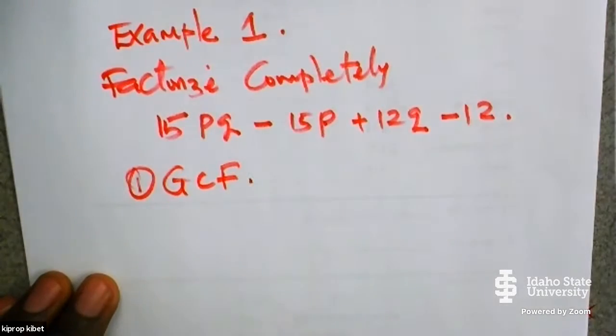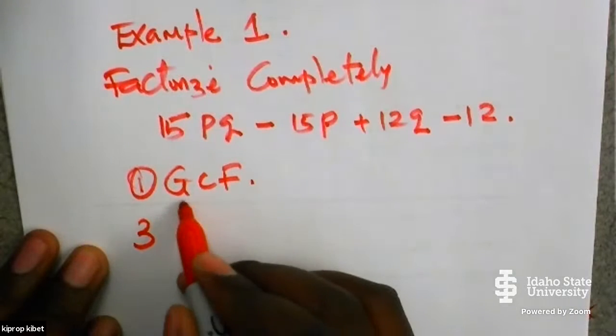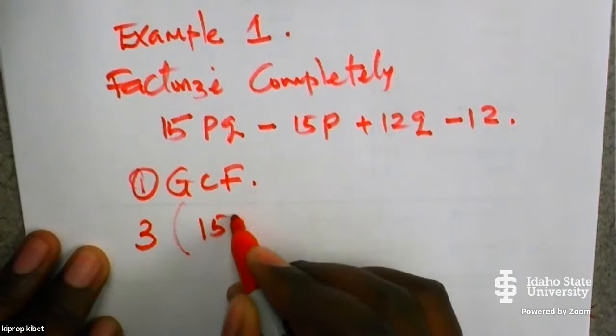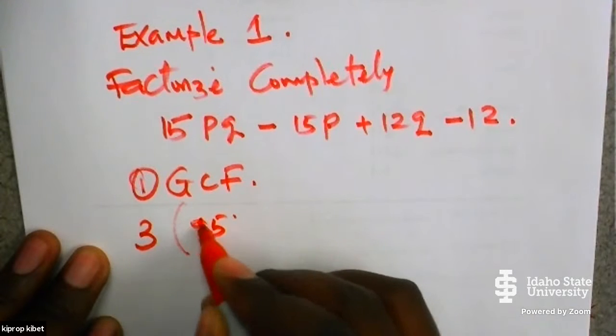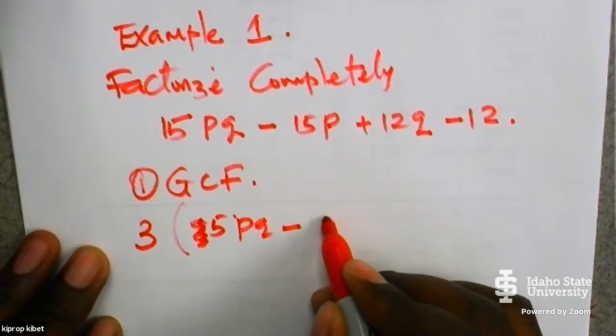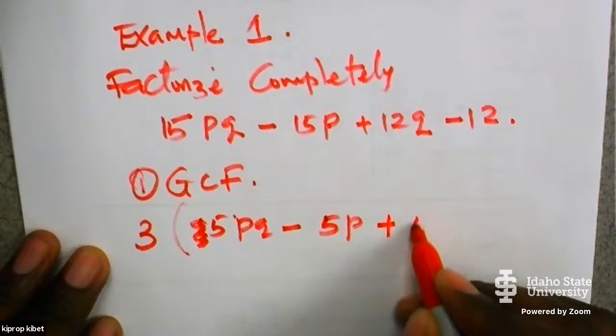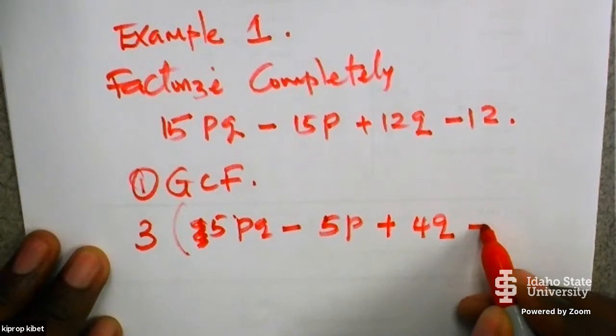So what is the GCF then? 3. So we factor out 3 and then 5PQ minus 5P plus 4Q minus 4.